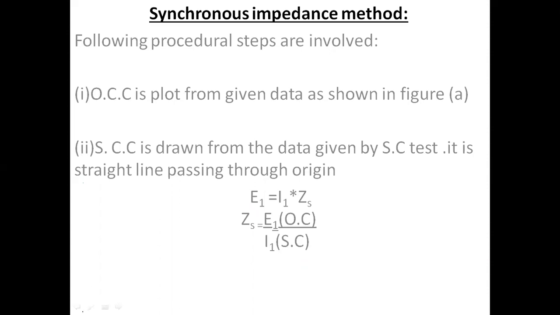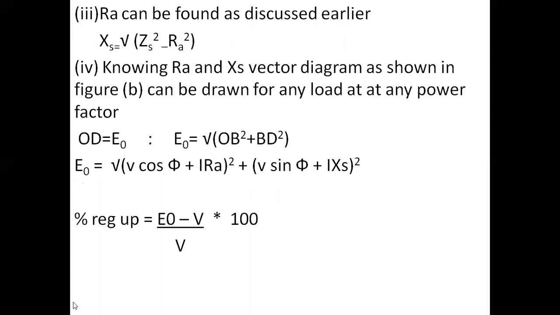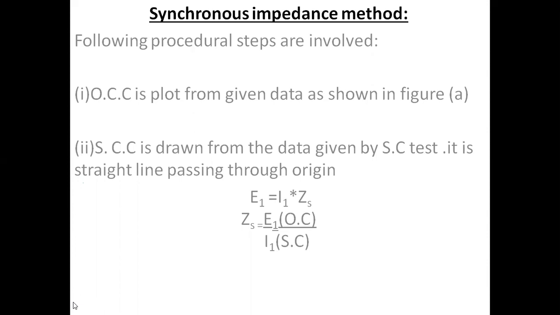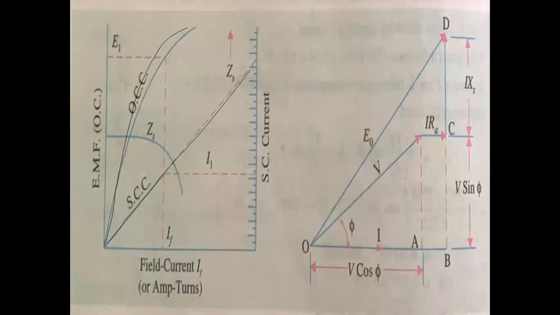In the same figure, you have to draw the SCC from the short circuit test. It is a straight line passing through the origin, as you see in the diagram. Both the curves are drawn on the same common current base.